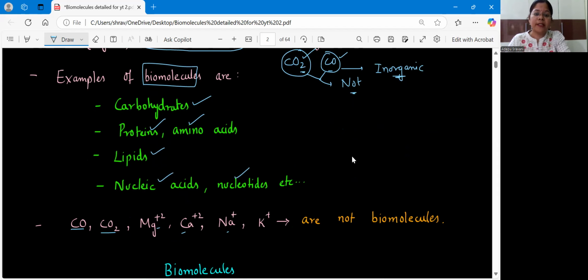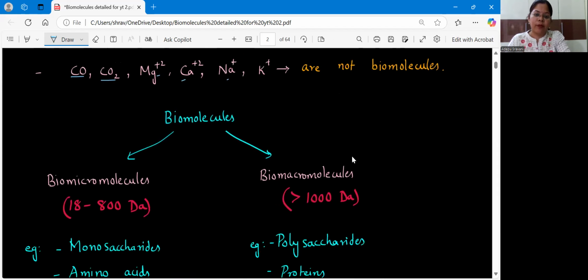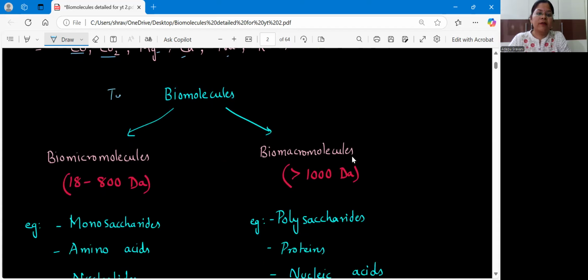Now, coming to the next topic, the types of biomolecules. Basically, biomolecules are of two types, biomicromolecules and biomacromolecules. What do we mean by the term micro? They are small. Macro means large.